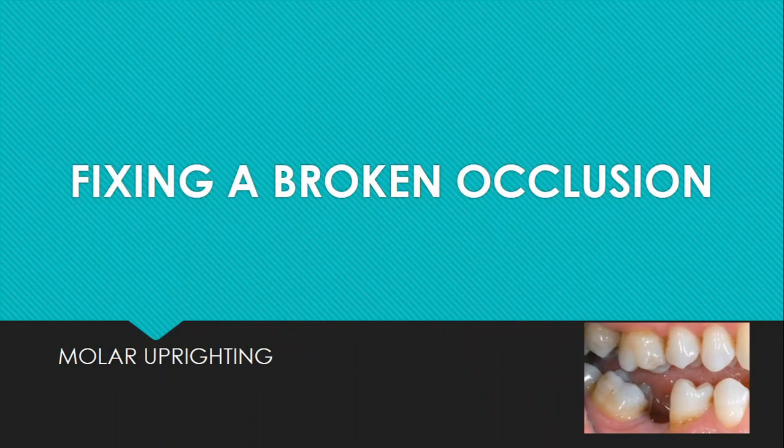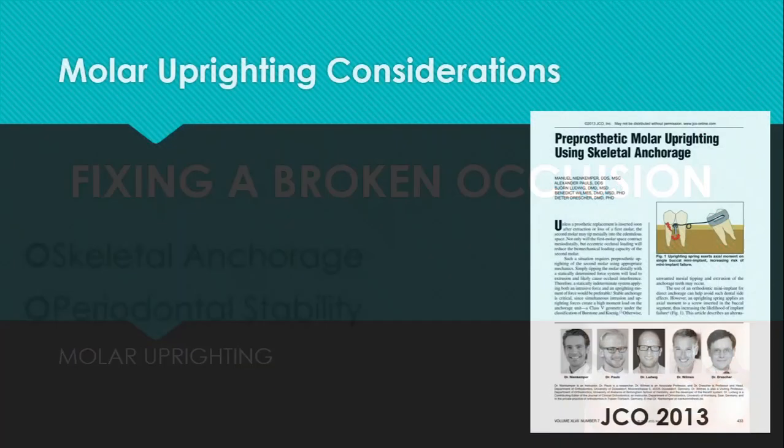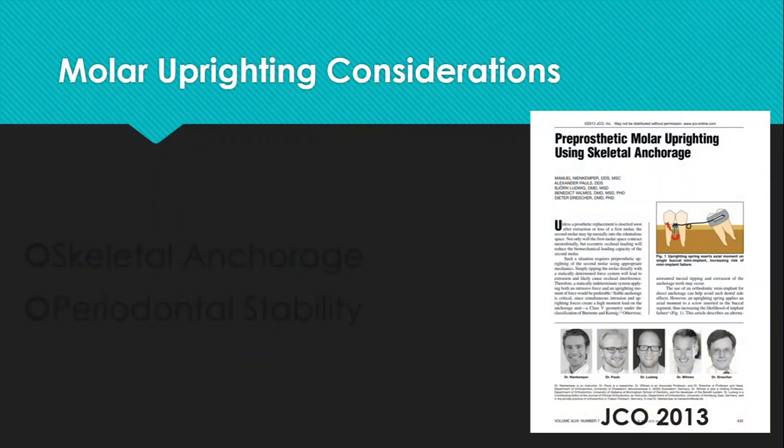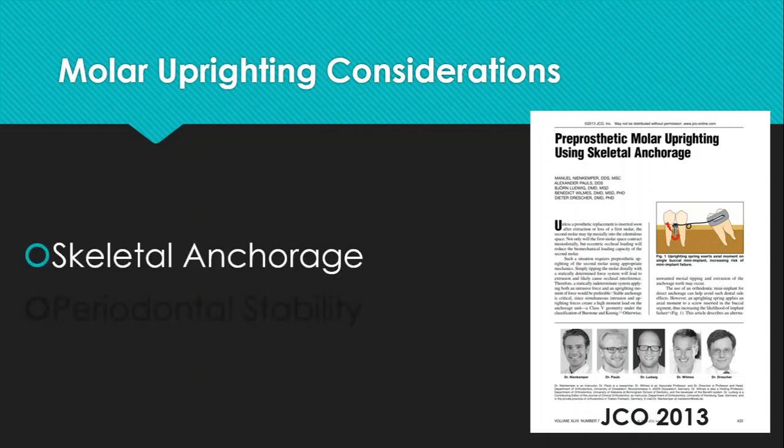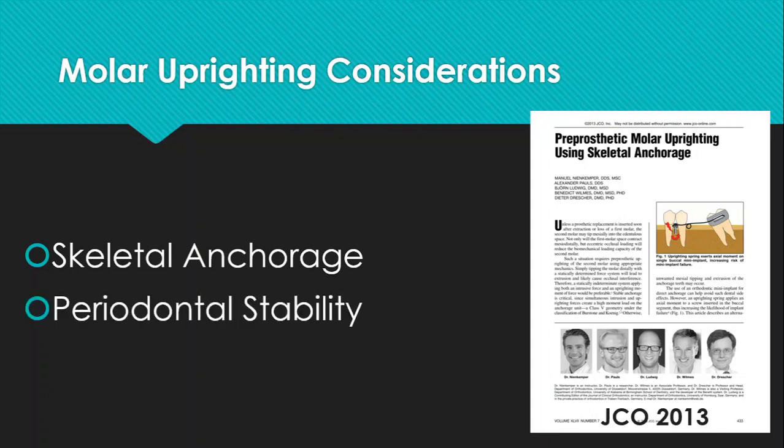So I will share with you some updated mechanics, particularly in molar uprighting. This journal from the JCO, published in 2013, gives us specific updates on how we can improve the quality of uprighting molars. And they point to, in particular, skeletal anchorage to help the uprighting of the molars in order to ensure periodontal stability.